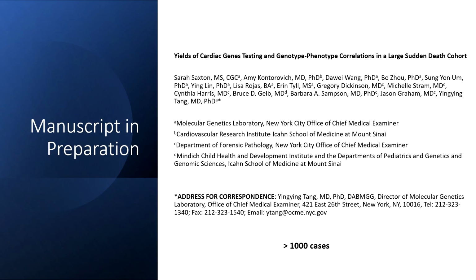In consideration with other guidelines and recommendations, we proposed that targeted cardiac gene testing is valuable and that more extensive whole genome sequencing is warranted in a postmortem setting. Our study strongly supports a broader application of genetic testing in cases investigated by medical examiners and coroners in the U.S., which would be advantageous to public health by preventing additional sudden deaths.